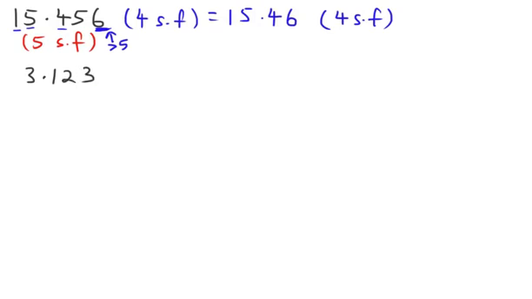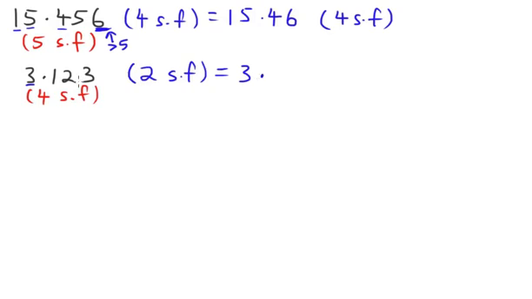Same thing if we have 3.123. So we have 4 significant figures here, and how about if we want to round it off to just 2 significant figures? As usual, let's write one figure down first, which is the 3 point.